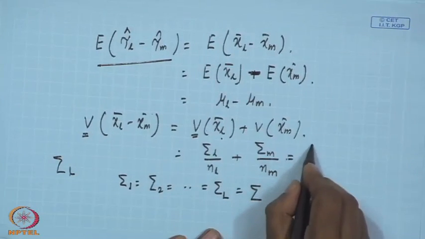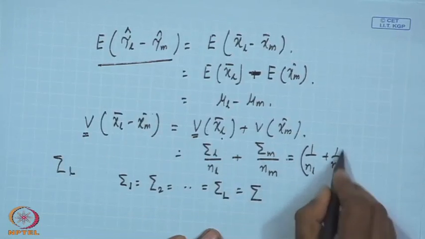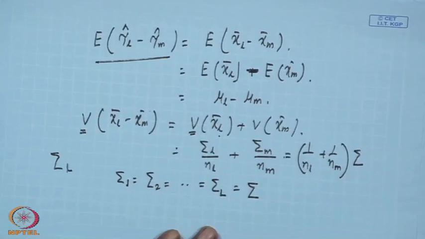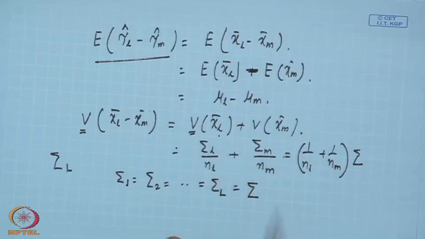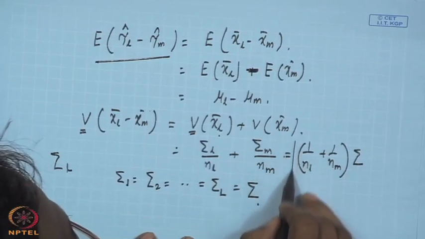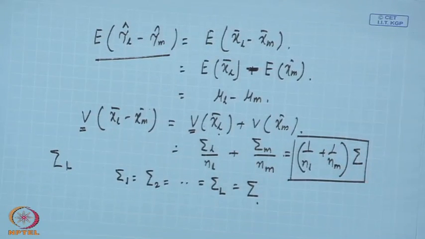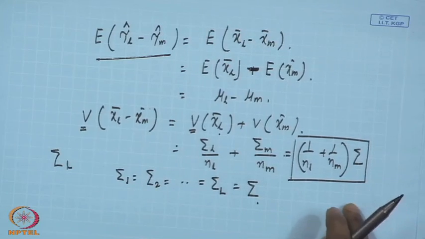So, then we can write this one as 1 by N L plus 1 by N M into sigma, because sigma L equals sigma M equals sigma, because all the populations have equal covariances. So, your variability part is taken care of by this covariance part. I think in Hotelling T square time also you have seen this one.